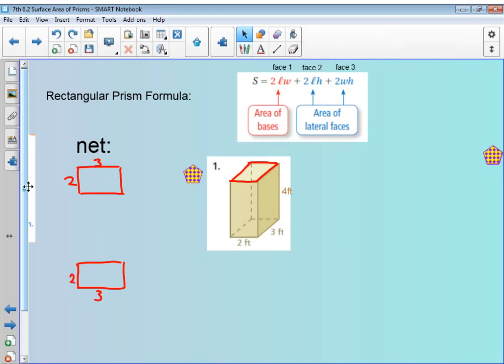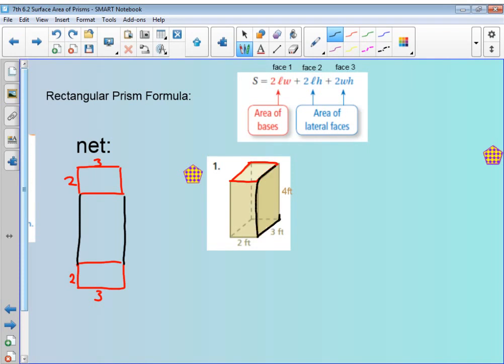Okay. Then I also have, obviously this is 3 wide. So I've got a 3 wide by the height is 4. So that's this piece right here. So I have a 3 by 4, and then it looks like I've got my 2 by 4, which I'll do in blue, 2 by 4.